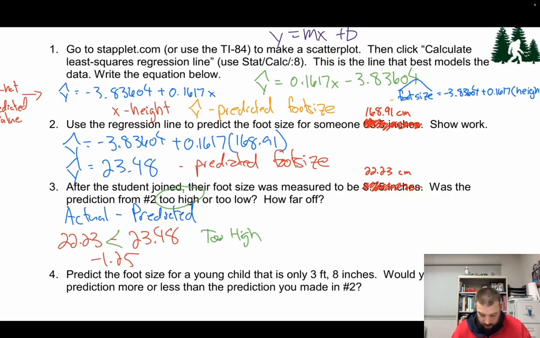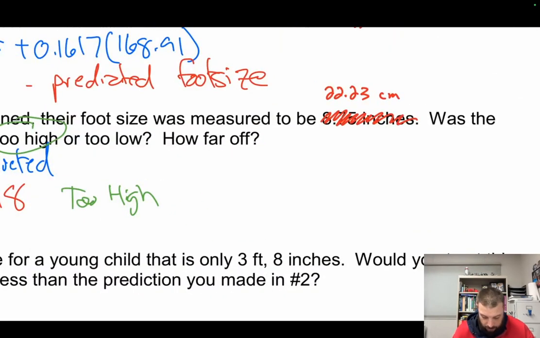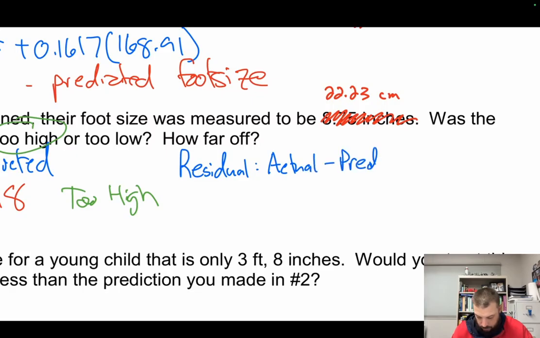What that brings us to is this idea of a residual. Remember that graph I kind of pointed to? That's where this is. The residual is the difference in those: our actual minus predicted, or the more specific, y minus y hat, right?